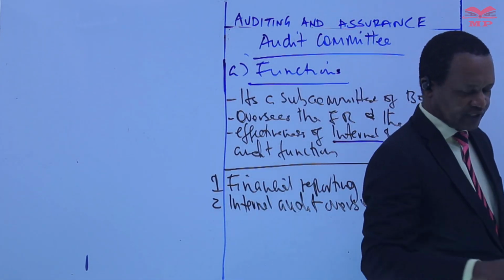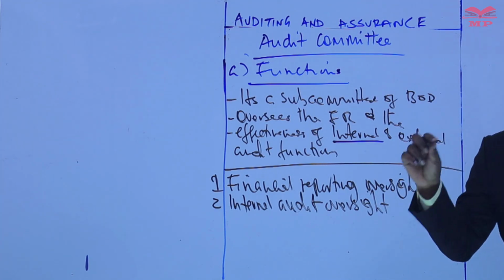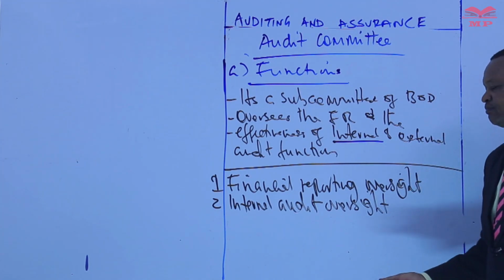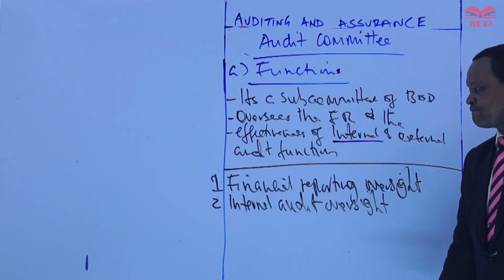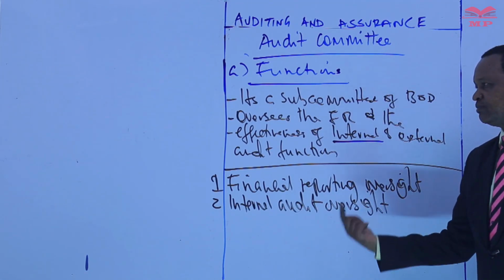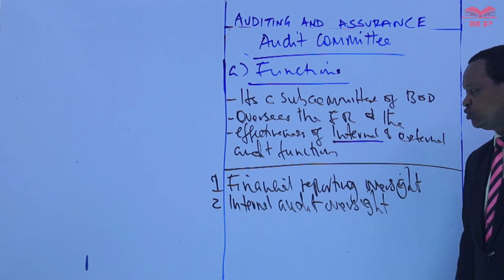At the start of the accounting period, the internal audit function has to develop the plan for the year. What is the plan for the year? What is the program? What is the department going to do?